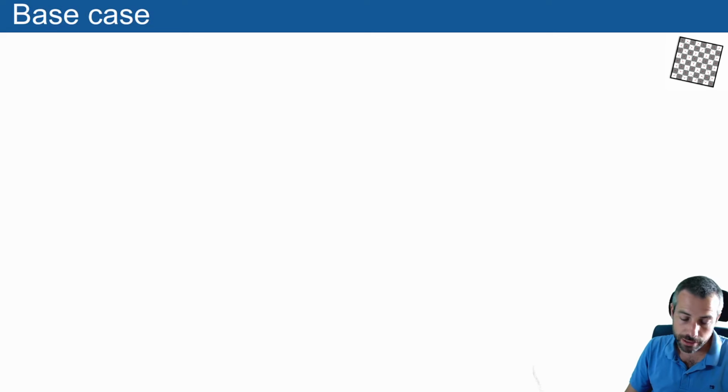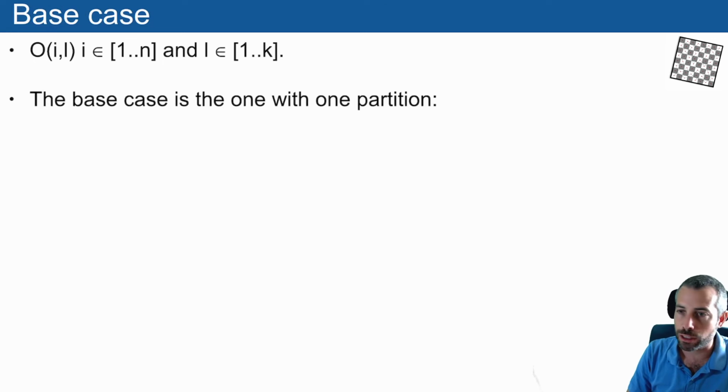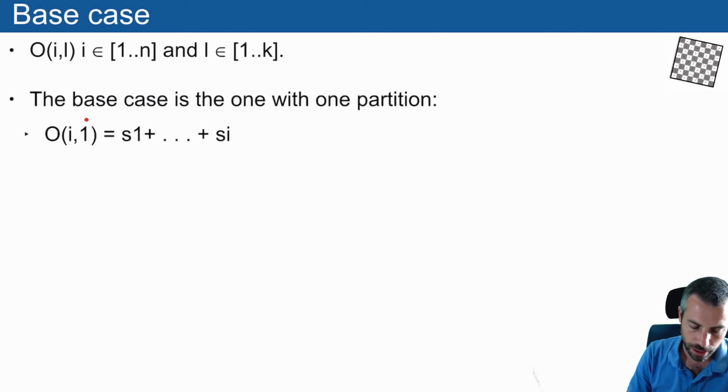And the best case usually is for parameters equal to 1, for instance. It's also the case here. So the best case is with only one partition, right? If you are allowed to use only one partition, then it's quite trivial. You can only take all the elements from the subsequence S1 to Si.